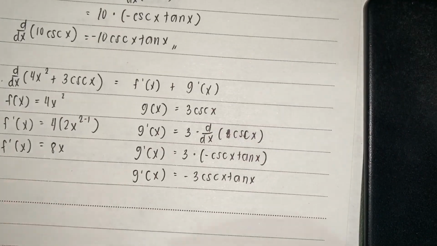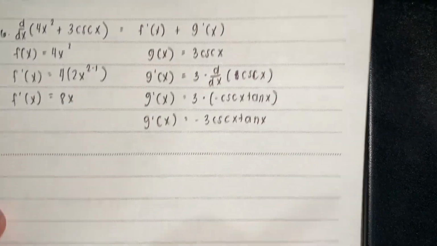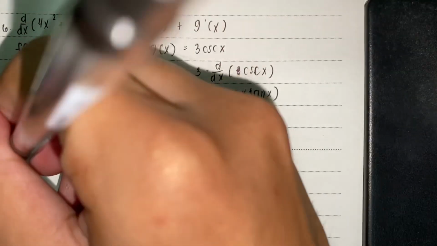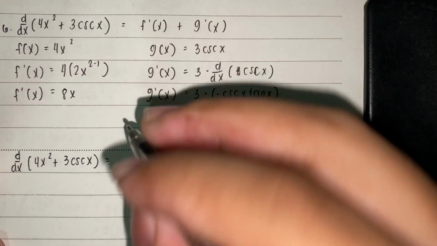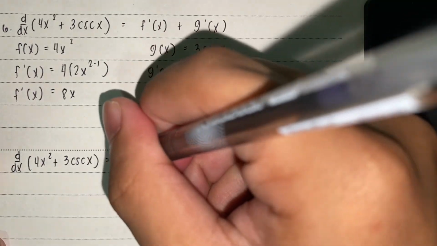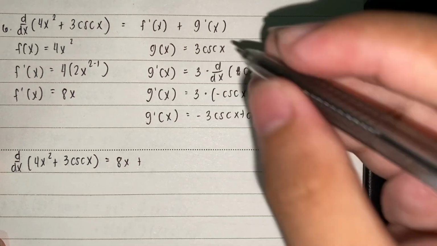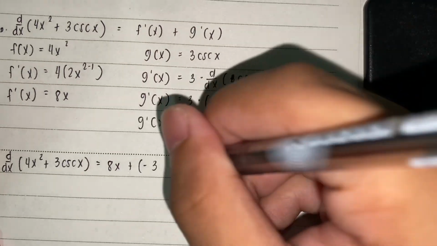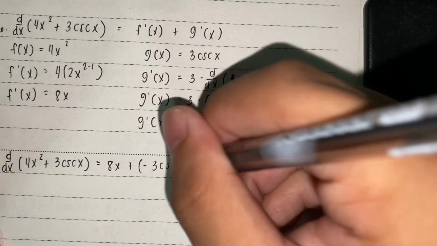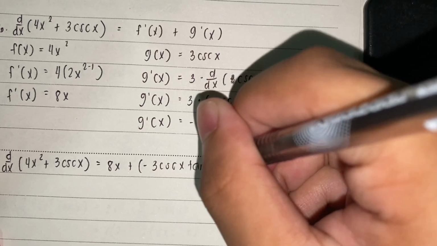Now perform the operation. So the derivative for 4x squared plus 3 cosecant x is going to be equal to f prime of x, 8x plus g prime of x, negative 3 cosecant x tangent x.